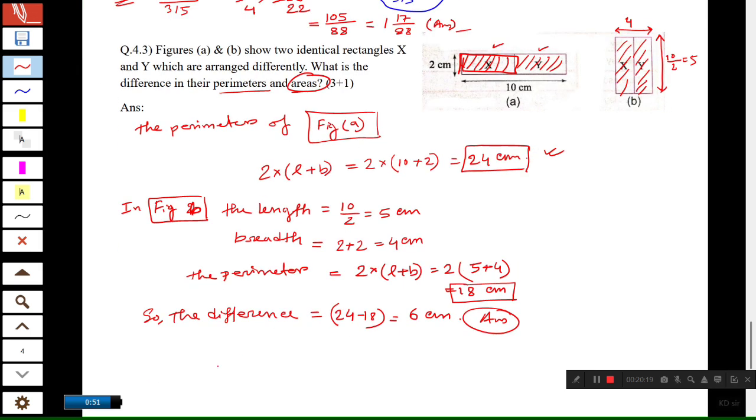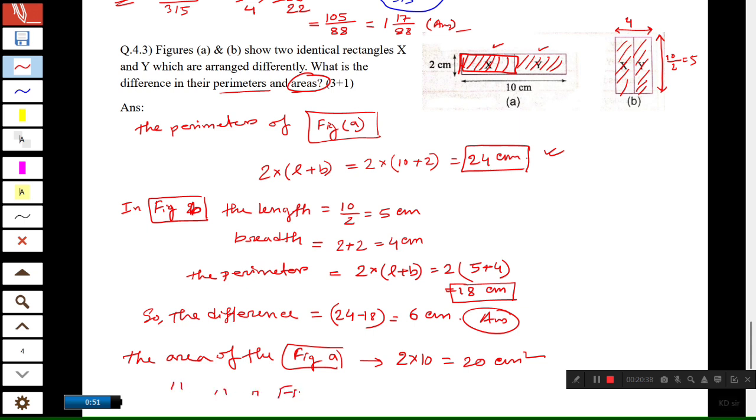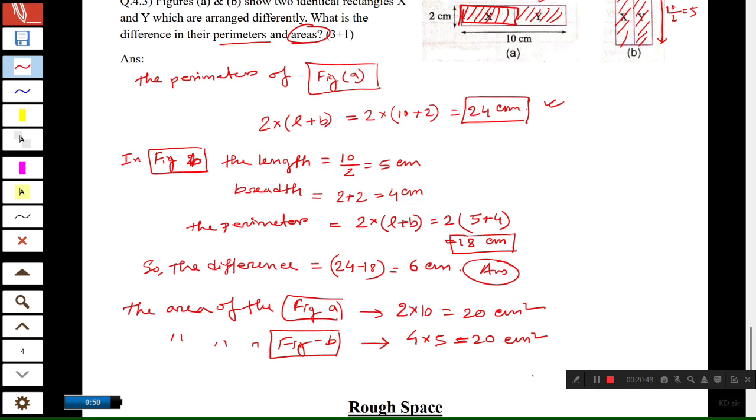But mathematically you can also find that the area of figure A is length into breadth, 2 into 10 equal to 20 square centimeter, and area of figure B is 4 into 5, 20. So see that there is no change in area. The area has no change.